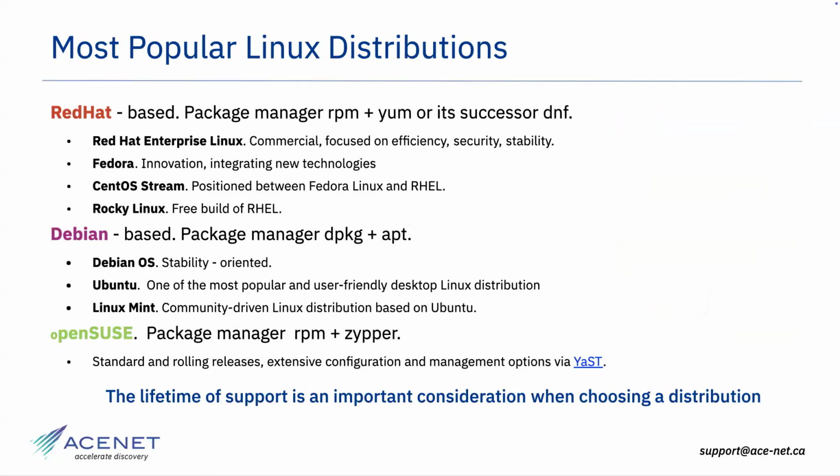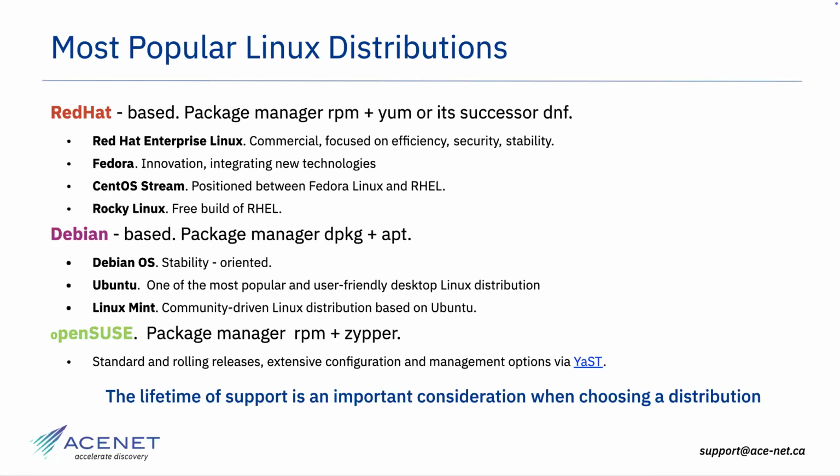So what are the most widely used Linux distributions? There are three main families of distributions: Red Hat, Debian, and OpenSUSE. Linux distributions share the same operating system and software at their core. It's the package management systems and tools that make the biggest difference between the distributions.